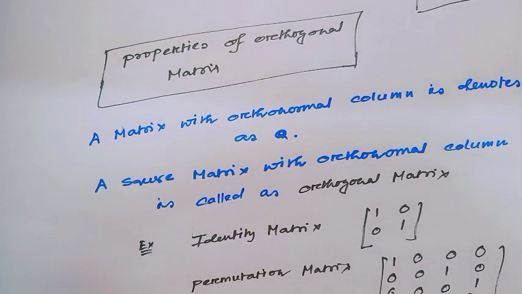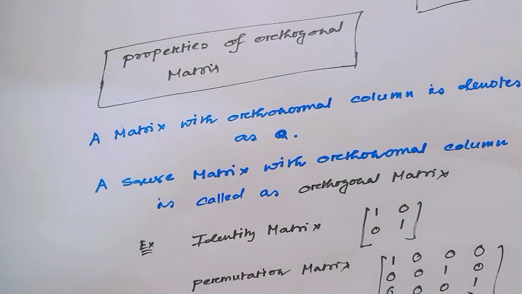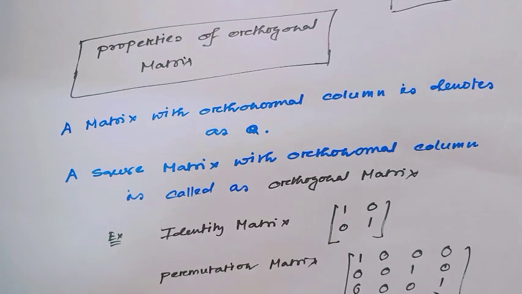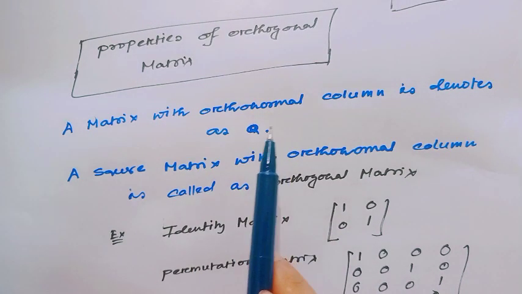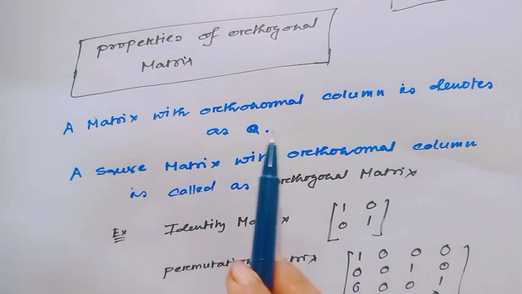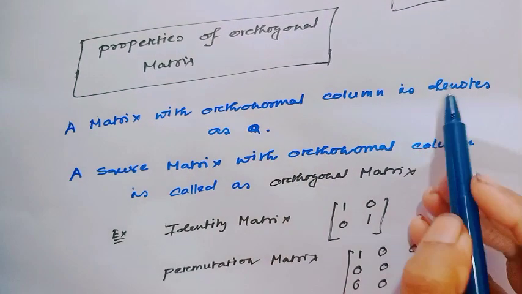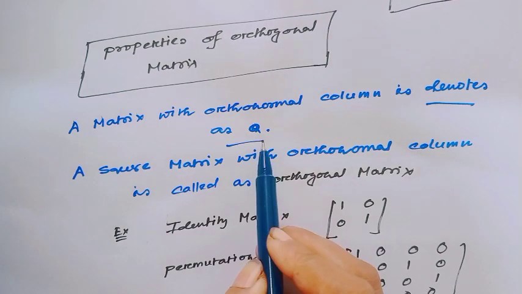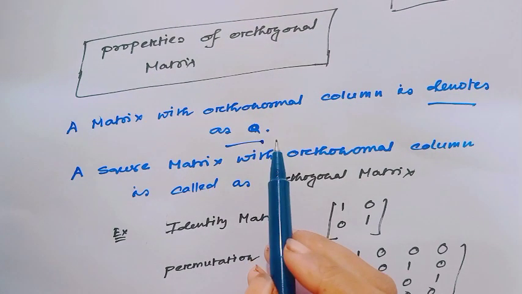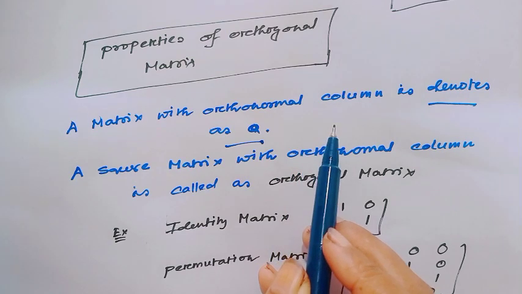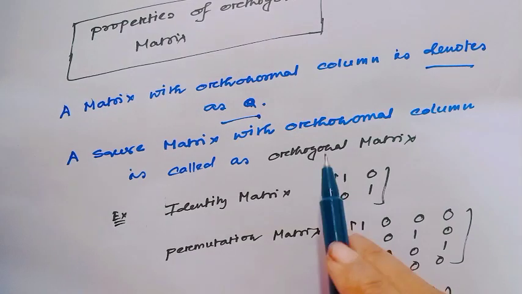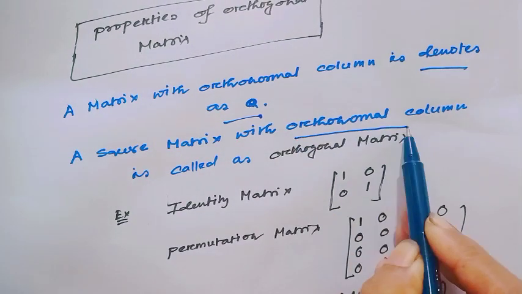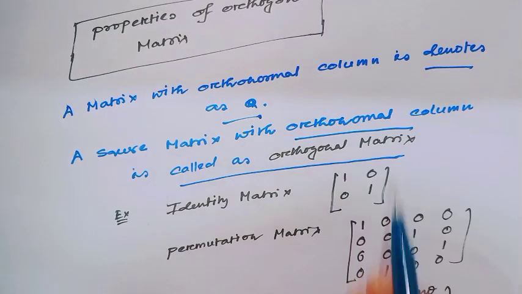Today I will say some properties of orthogonal matrices, and these properties are very important for any competitive exam. A matrix with orthonormal columns is denoted as Q. That means those matrices whose columns are orthonormal are denoted as Q. A square matrix with orthonormal columns is called an orthogonal matrix.